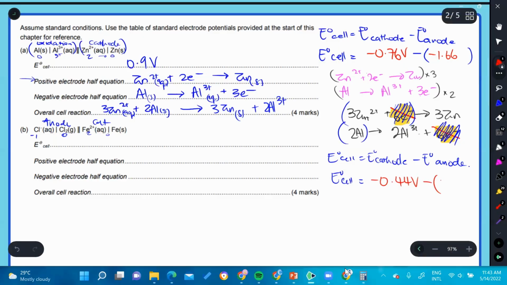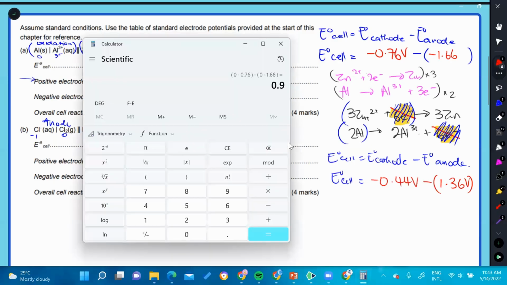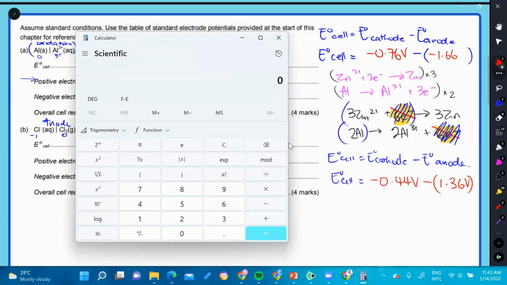So plus 1.36 volts. Don't have to write it down. And then I guess you can put that in your calculators. Let me put it in this one first and then check on my actual scientific calculator. So 0.44, right? It's equal to that. And the answer now, I want to minus 1.36.